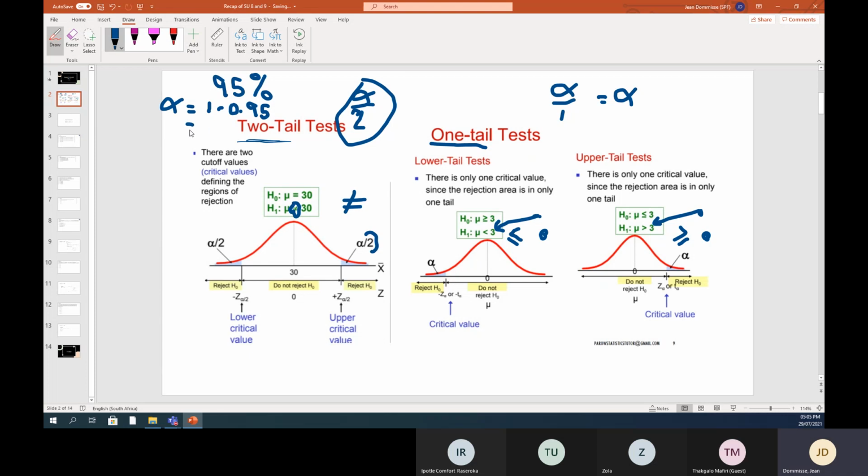So the alpha would be 0.05. Then if we have a two tail, we divide it by 2. If we have a one tail, we keep it as 0.05. Okay, so that is how we work with one tail and two tail in hypothesis testing, and what we need to do with the alpha.